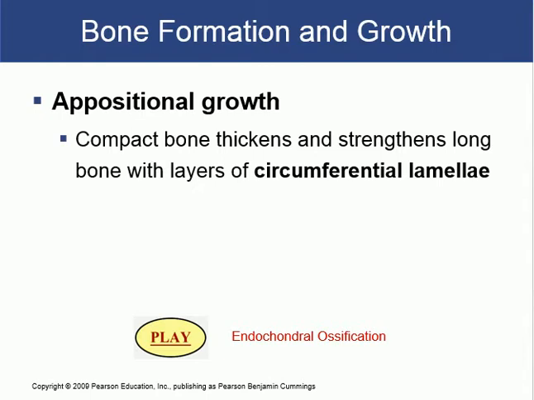When you're talking about how the bone grows, this is one type of growth that's called appositional growth. Appositional growth is when the compact bone becomes thicker and stronger. The compact bone of the long bone will become thicker and stronger. This is called appositional growth.